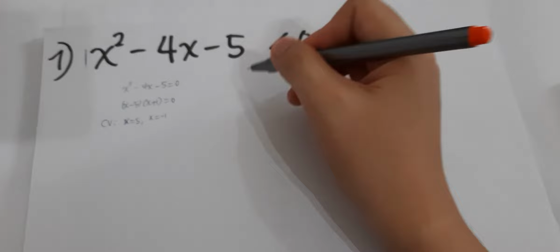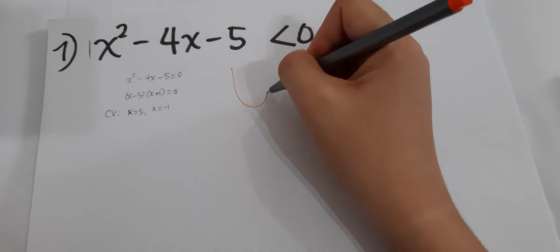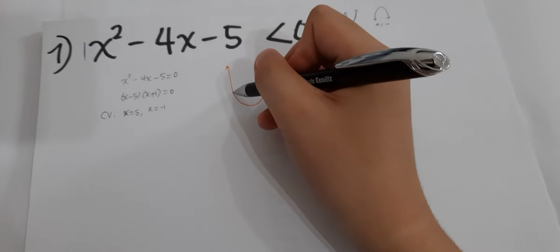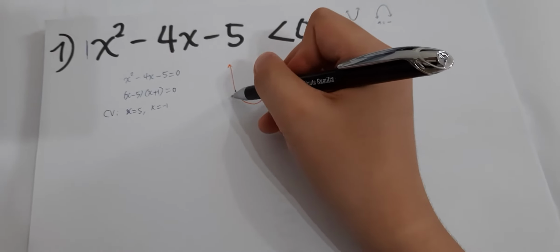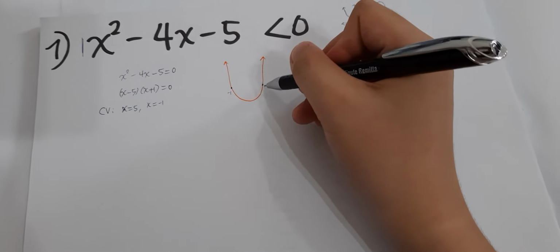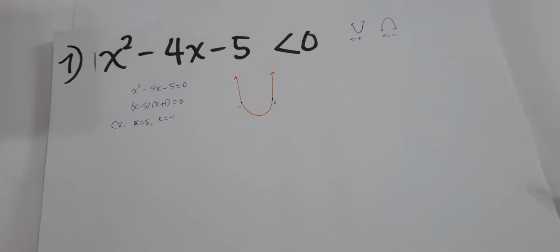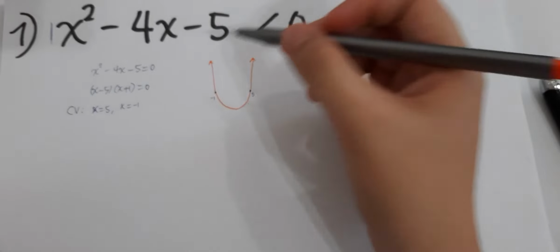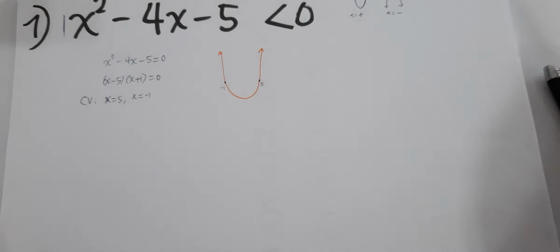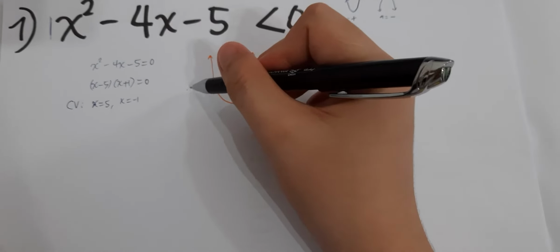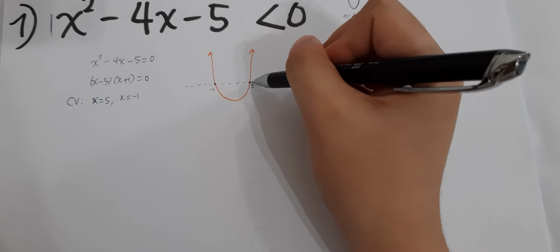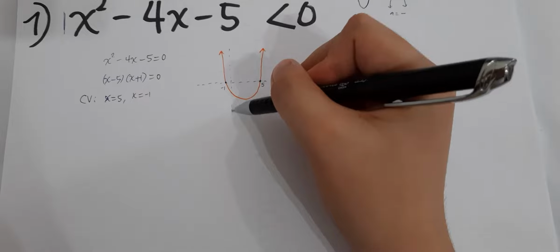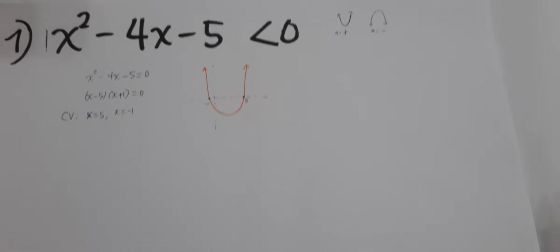Where my values are, let's say this is minus 1, and here is 5. Example, this is your real number line. This is your x-axis, and you have 0 here. So this is your x and y axis.